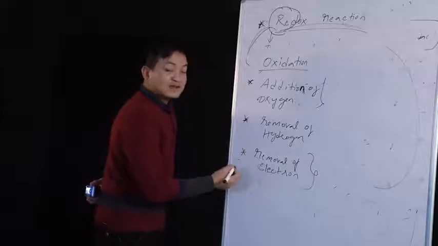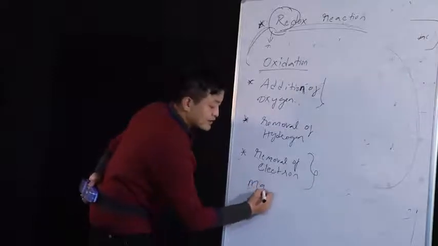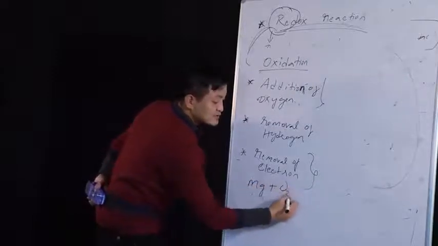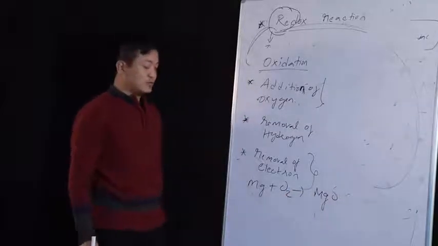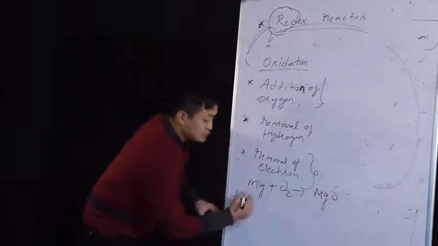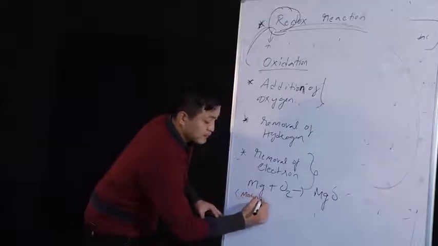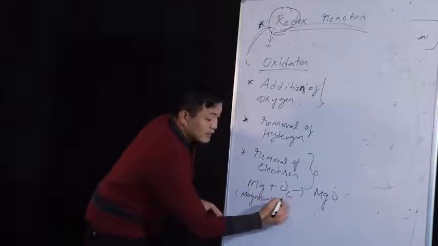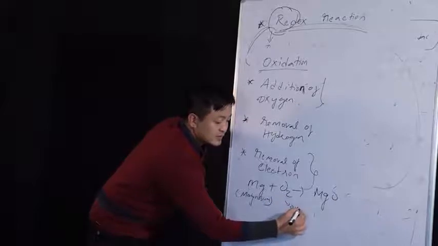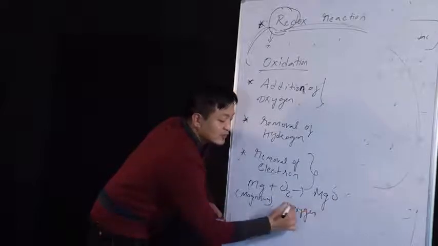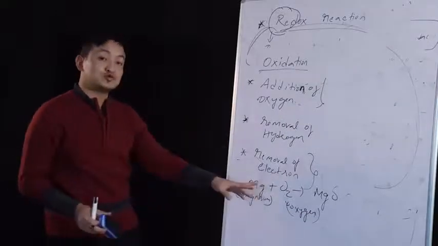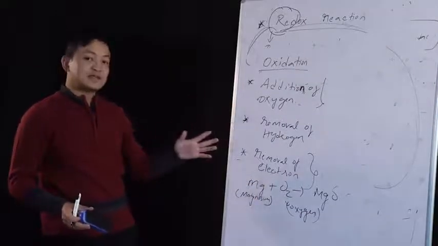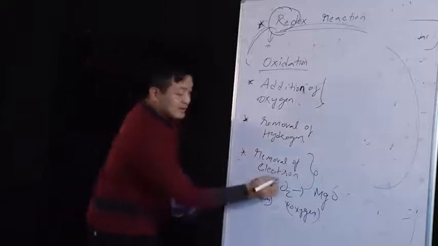So let me give you an example here. Magnesium plus oxygen, we get magnesium oxide, MgO. Magnesium, and this is oxygen. Why do we write O2 and not a single oxygen atom? I have already explained in the first class. Clear?